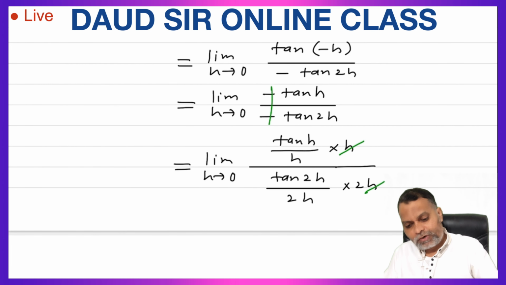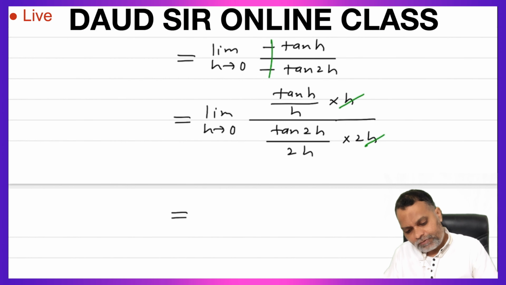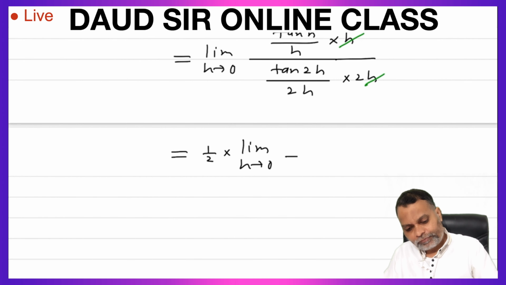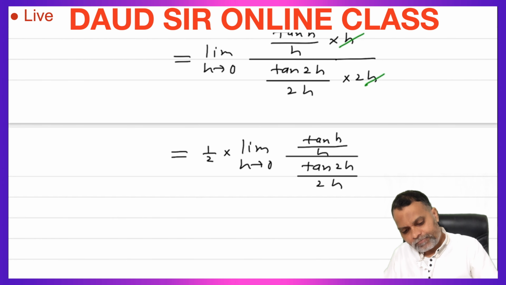Write this 1 upon 2 outside the limit, which is equal to 1 upon 2 into limit h tends to 0, tan h upon h upon tan 2h upon 2h.